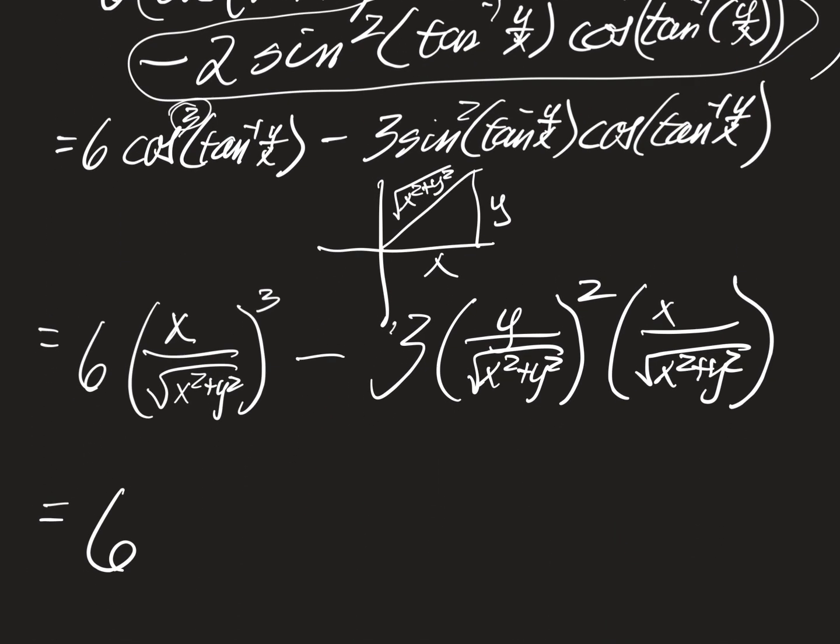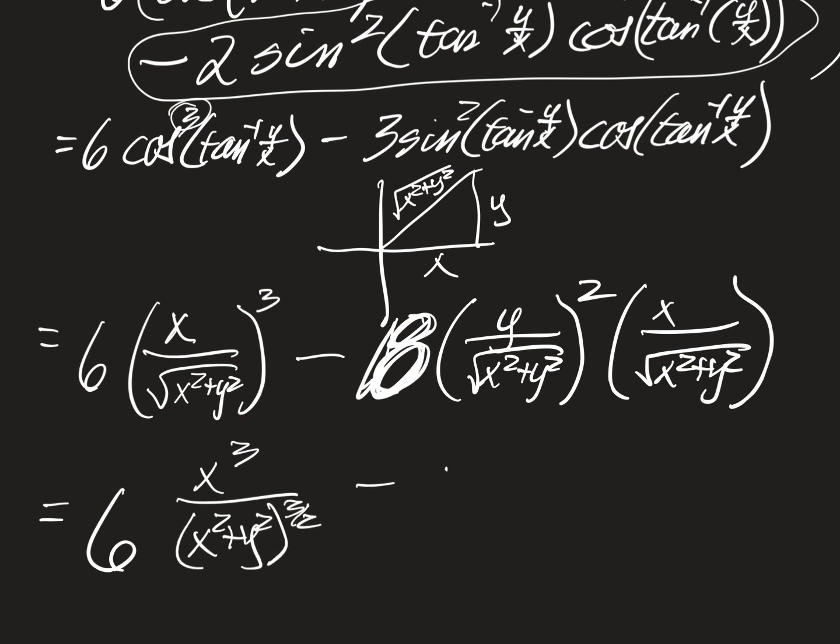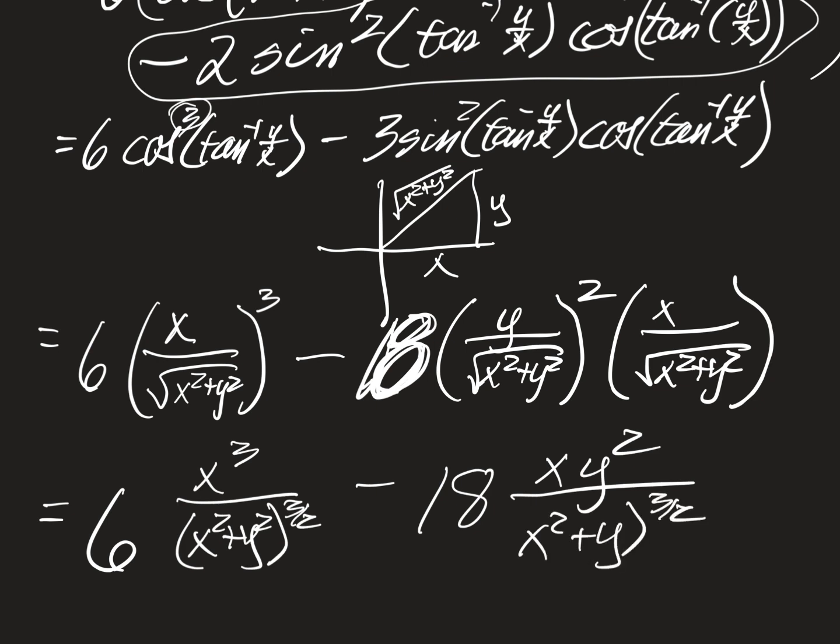So this will actually be 18. So pardon me, I'm sorry about that. So we get 6x cubed over x squared plus y squared to the 3/2 power minus 18 xy squared over x squared plus y squared to the 3/2 power.